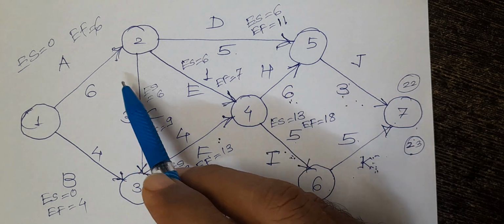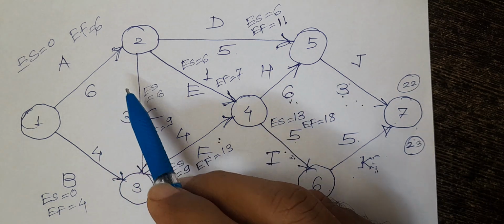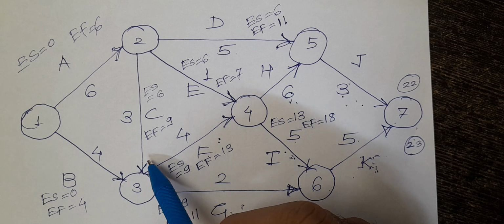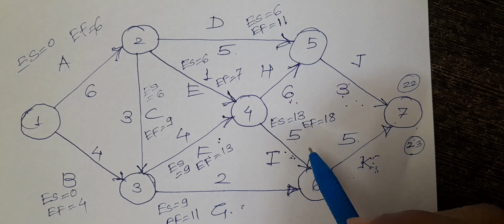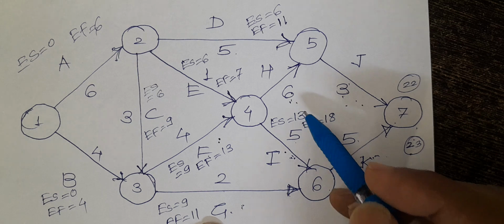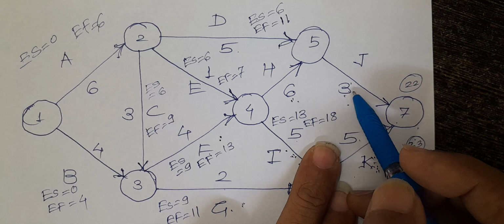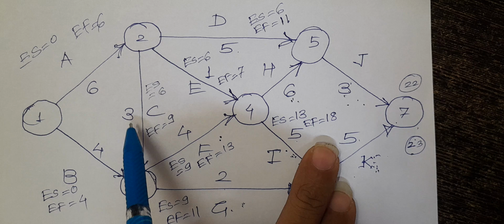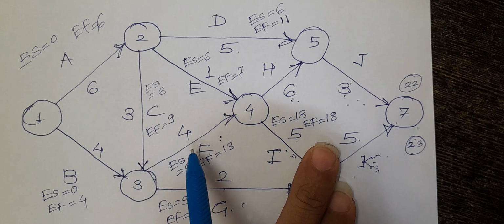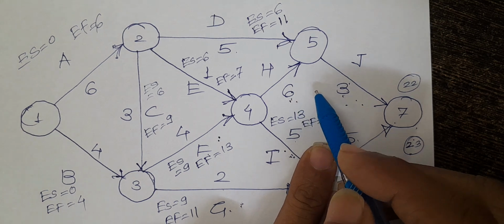And one more we can also come on this side: 6 plus 3, 9 plus 4, 13 plus 6, 19.